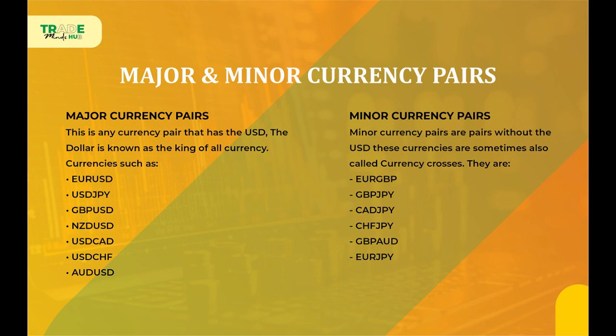Great Britain pounds doing business with the Japanese yen is not doing business with the United States dollar, so it's a minor. Canadian dollar doing business with the Japanese yen is not doing business with USD, so it's a minor. So any of those eight, after the US dollar, if they are trading within themselves, the euro doing business with GBP, Great Britain pounds, GBP doing business with AUD, it is a minor currency pair.